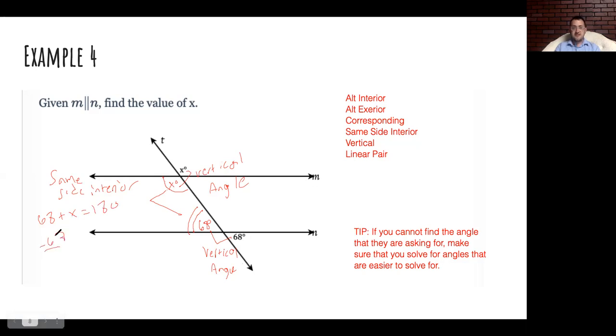So I'm going to subtract 68 on both sides. So I'm going to get that X is equal to 102 degrees. Now, if you wanted to, you could also use things like linear pairs as well. So I could see here that this is 102. That would have to be 102. And I could even use alternate interiors as well. So some people even like to figure out what all the angles are numerically and then just answer the question after that.